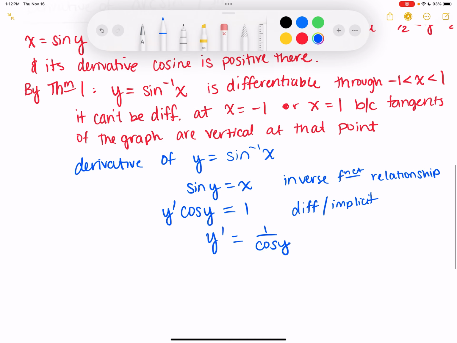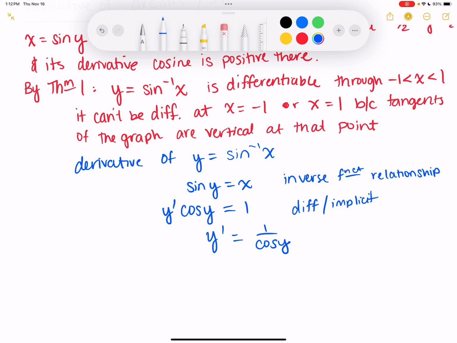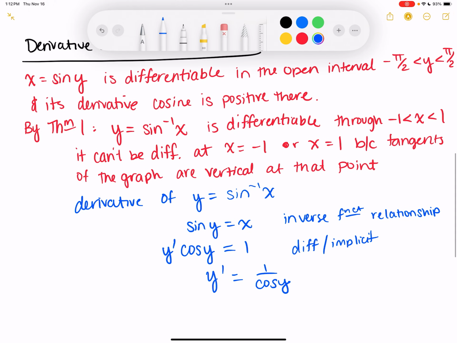Now, because cosine of y is in the denominator here, cosine of y cannot be equal to 0. But we don't have to worry about that because we're only on the interval from negative pi over 2 to pi over 2, which means cosine can't be 0, because it never actually reaches those values. It can be really close, but it's not actually those values.